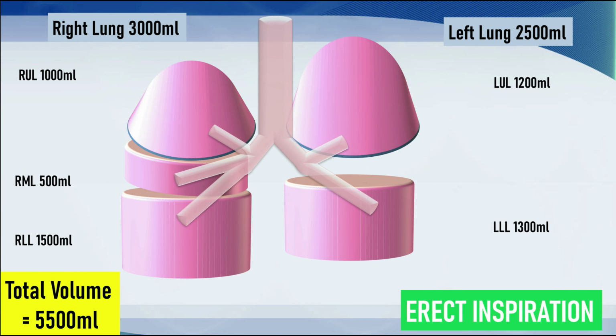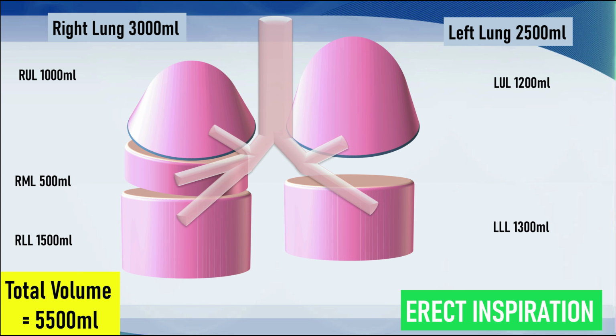If you look at the volumes of these 2 lungs, the total lung volume when the patient is erect and on inspiration is about 5.5 litres. The right lung is bigger than the left lung because the left lung has to accommodate the heart. The right lung volume is 3 litres, the left lung volume is 2.5 litres. In the right lung, there is 1 litre in the right upper lobe, 500 mils in the right middle lobe, and 1500 mils in the right lower lobe.